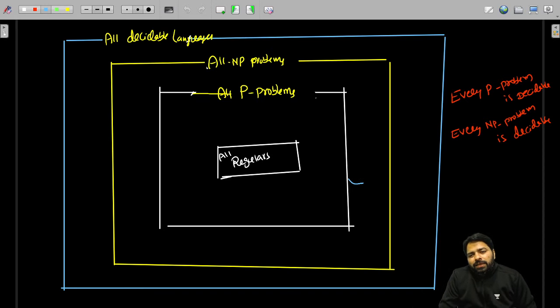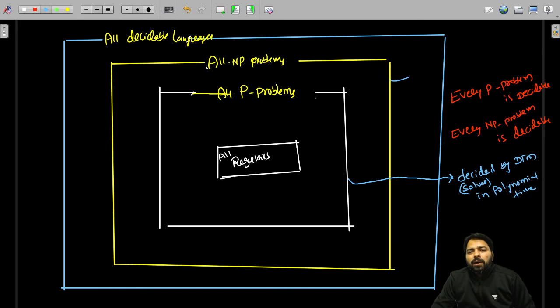All P problems are decided or solved by a DTM in polynomial time. All NP problems are decided by an NTM in polynomial time.